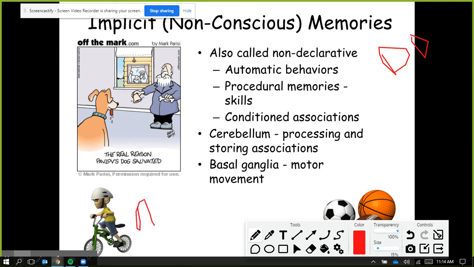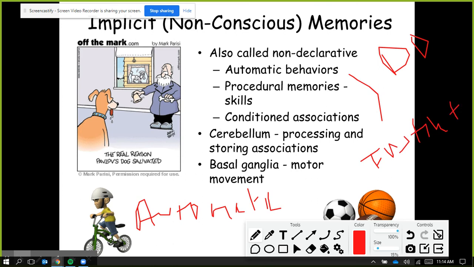They are automatically processed, meaning they don't really take any conscious effort. Things like automatic behaviors, like instinct in animals, and reading. Once you learn how to read, it becomes automatic, it becomes implicit. Procedural memories, skills, reflexes are implicit, yes.